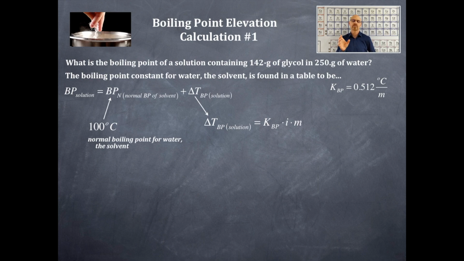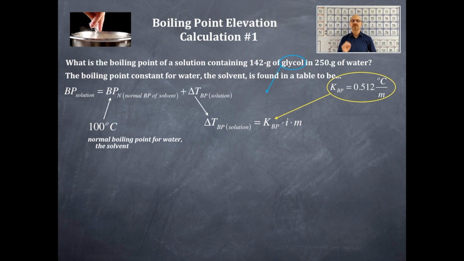We're going to fill in each of these into this equation, substitute, and then calculate the boiling point of that solution. We already have the constant for the boiling point. That is a value that's always given to you, or you look it up in a table. Now we need to look at the solute.